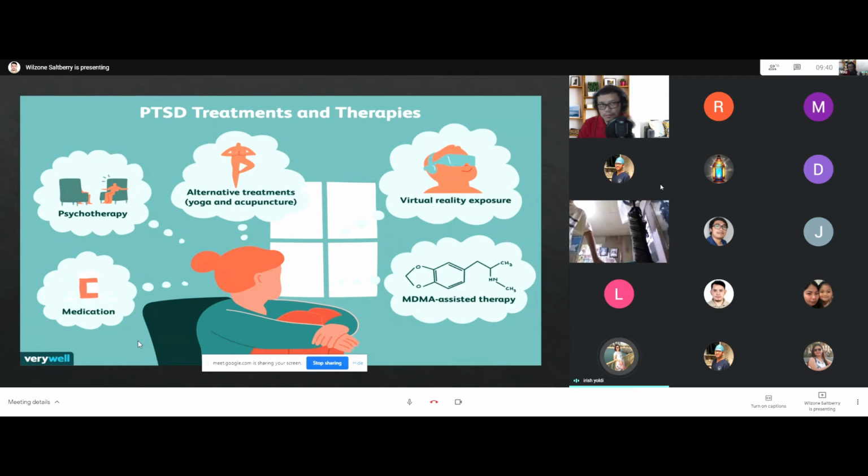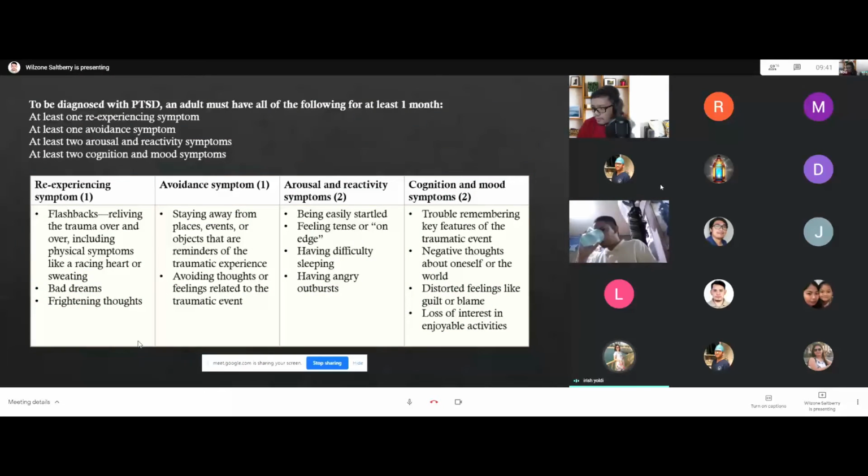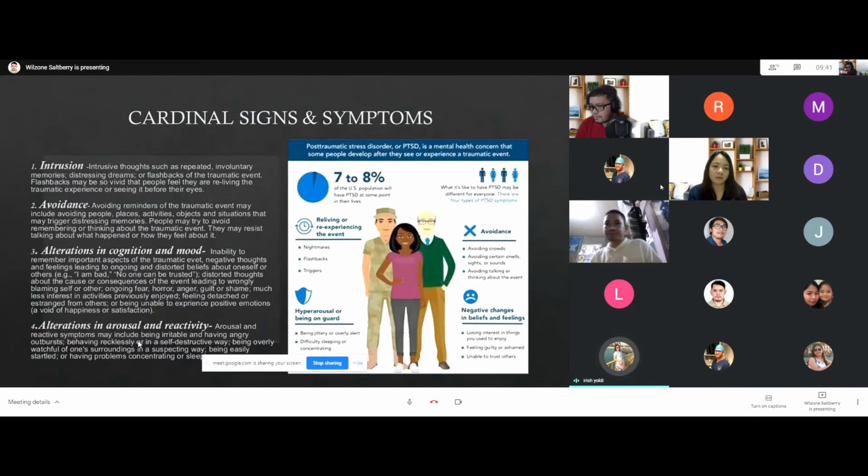The signs and symptoms of PTSD fall into four categories, which are intrusion, avoidance, alterations in cognition and mood, and alterations in arousal and reactivity.